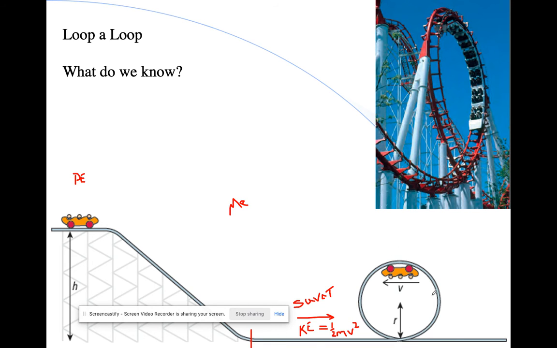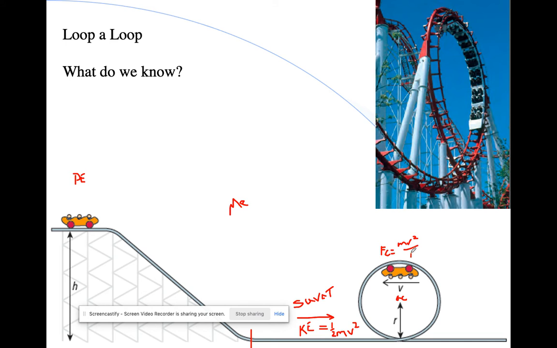And then once we get into this circle, now we start worrying about our acceleration, which we covered on the last one: v squared over r. It might ask you, what is its centripetal force? Well, its centripetal force, again, is m v squared over r, and we get that because we're now in the circle part.